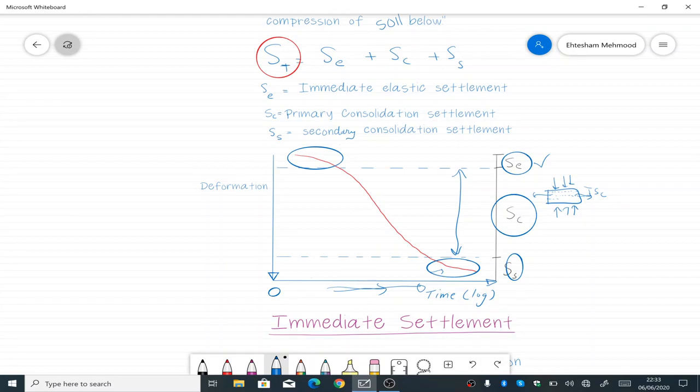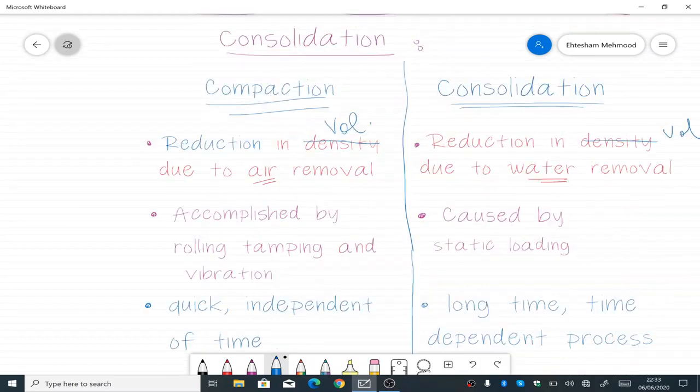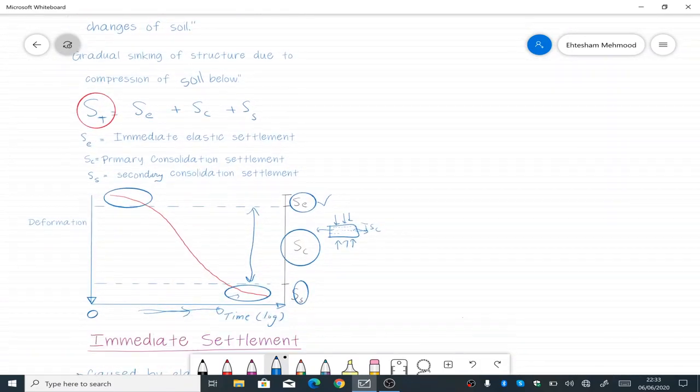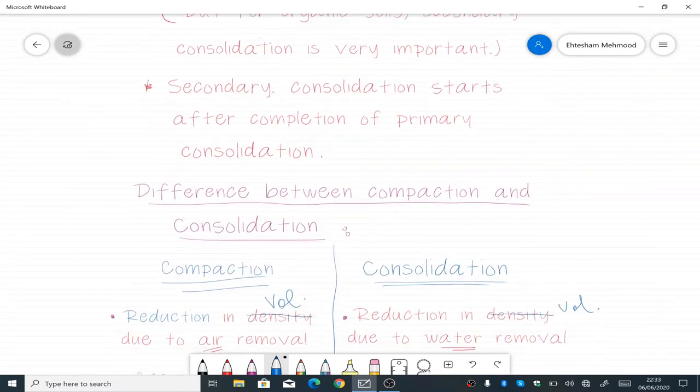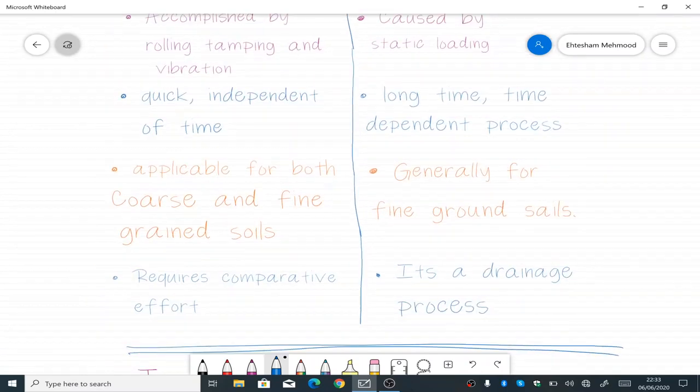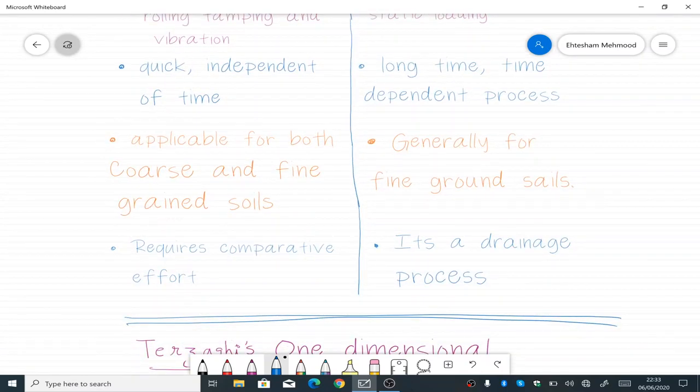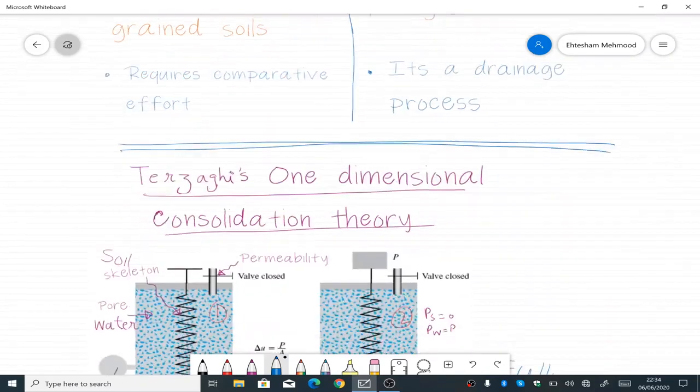So compaction is a time independent process, whereas consolidation is a time dependent and obviously very slow process. Compaction is applicable for both coarse and fine grained soils, whereas consolidation occurs generally in fine grained saturated soils. In compaction, we require compactive effort, whereas consolidation is a drainage process.